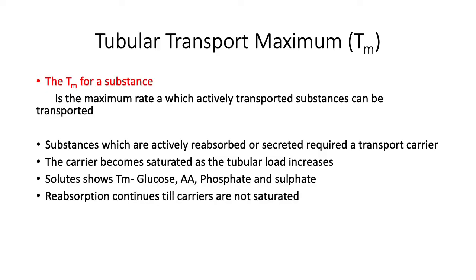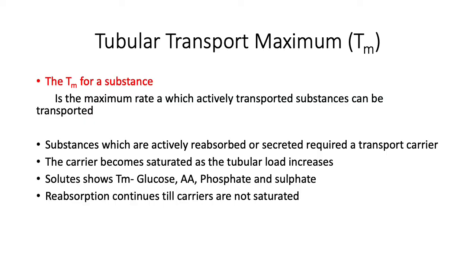Reabsorption of these solutes from the tubular fluid to the cell continues until these carrier proteins are saturated. Now try to understand. Suppose, in a hypothetical situation, on the luminal surface of the cell there are 100 carrier proteins which transport glucose.